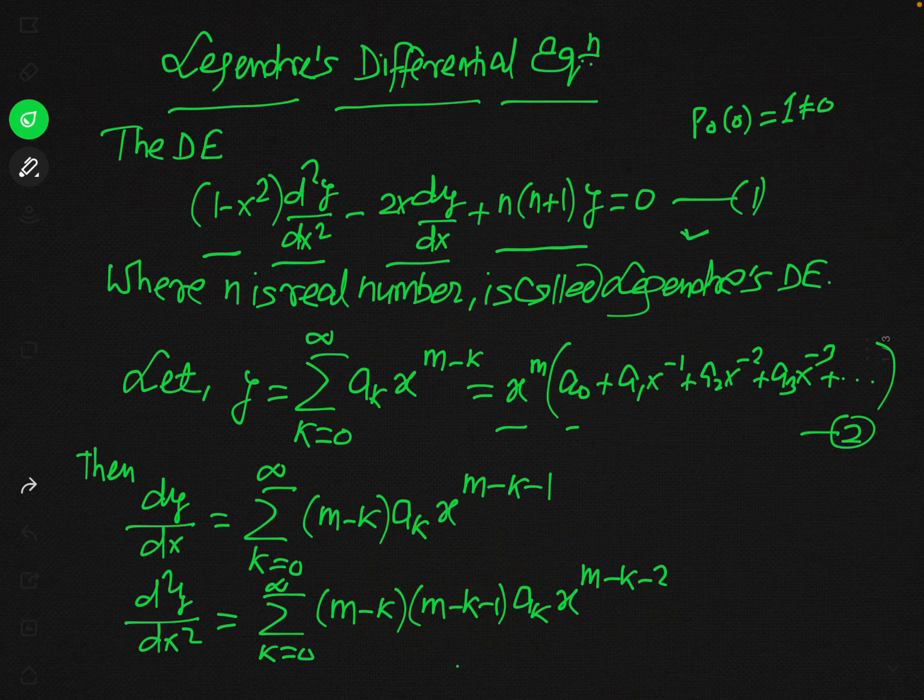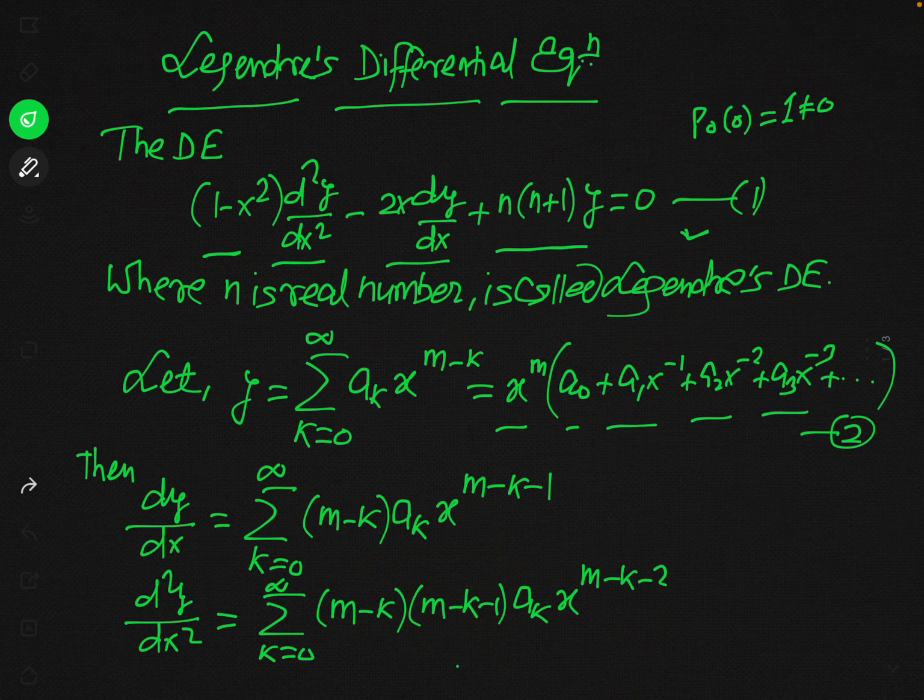You can see I have written its solution y equal to x to the power m (a naught plus a1 x to the power minus 1 plus a2 x to the power minus 2 plus a3 x to the power minus 3).